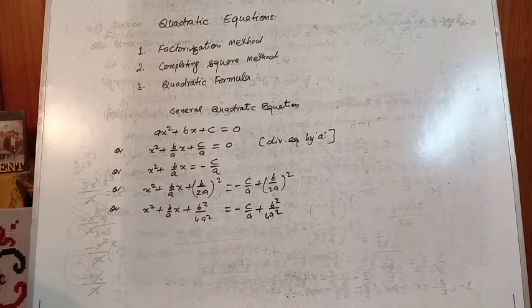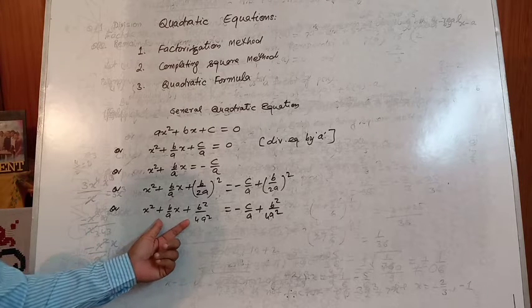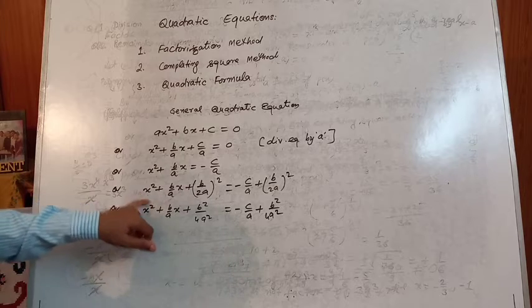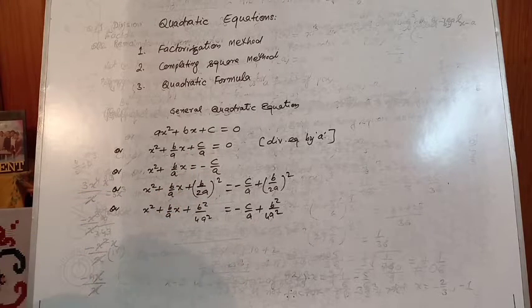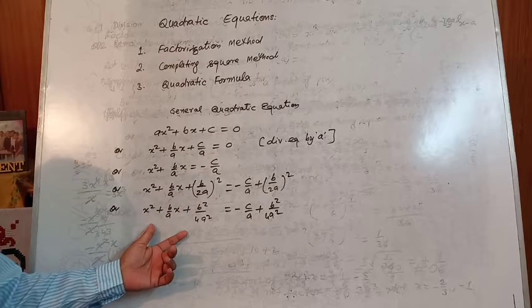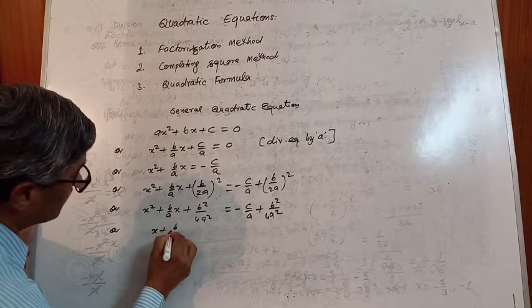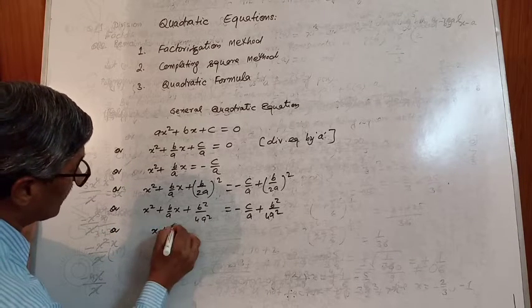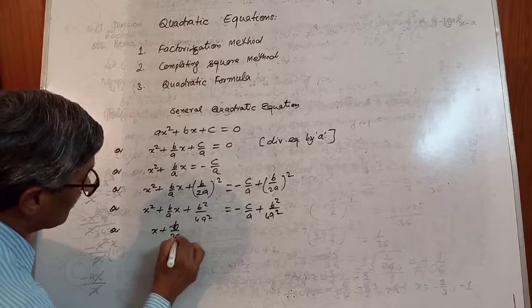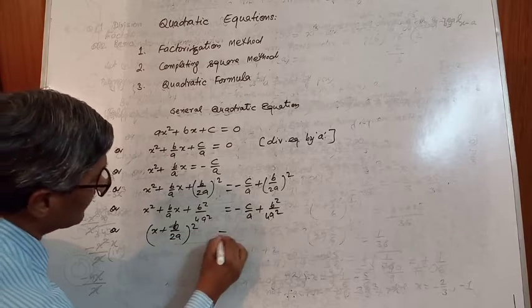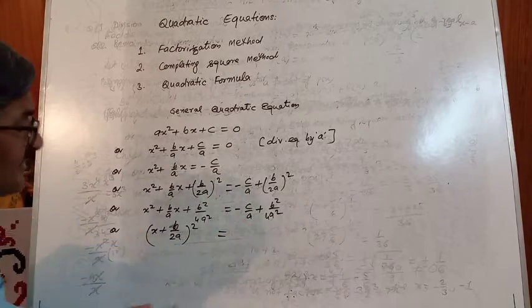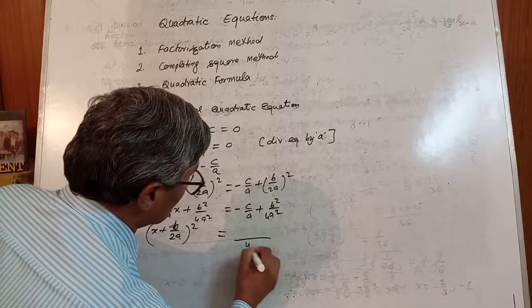Here we see x plus b by 2a whole square equal to, now here the LCM is 4a square.